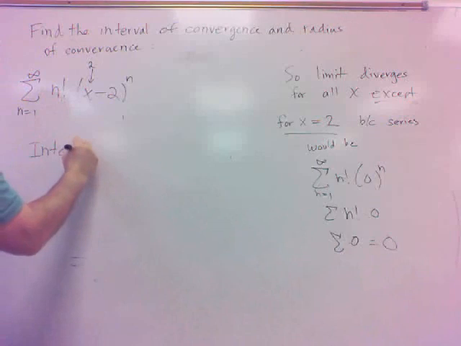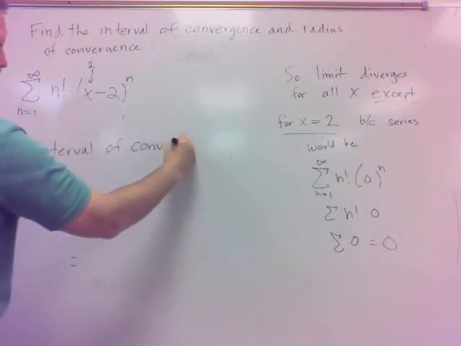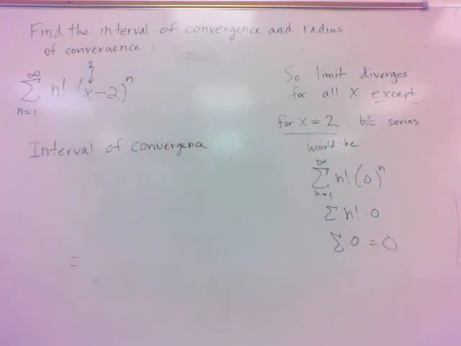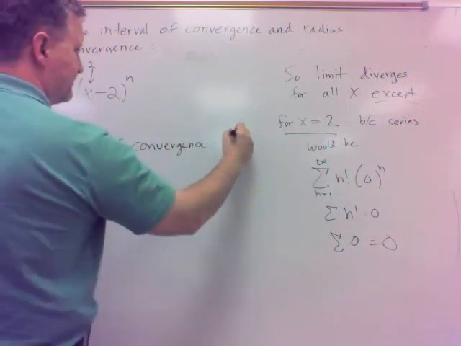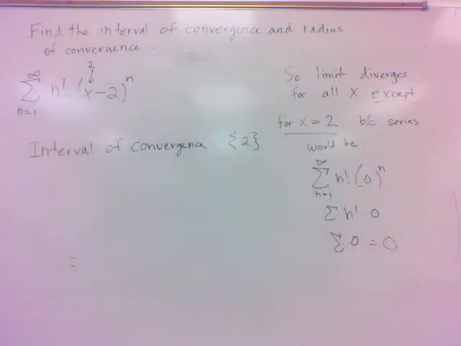The interval of convergence just converges at one number, 2. So we'll just say, usually, I think the book will note it, 2 within set braces. It's just convergent at one number, 2.